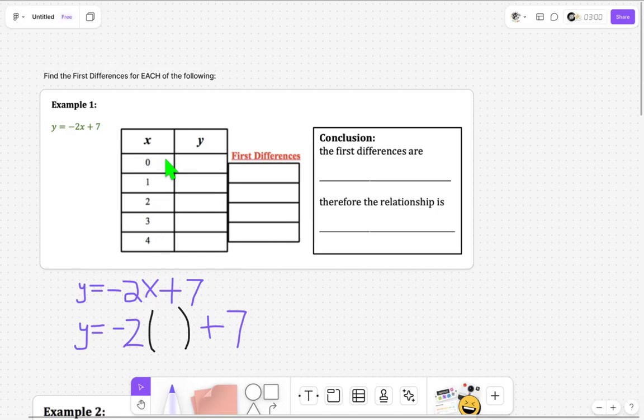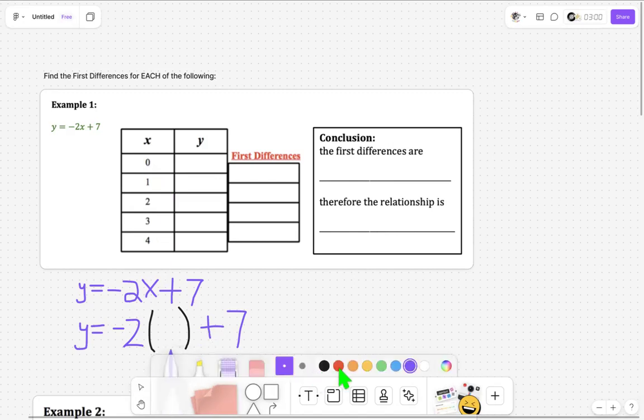For example, our x values today are going up by 1. We start at 0, then we go to 1, 2, 3, 4. We could also start at 0 and then go up by 2s or go up by 3s. As long as we're going up by or down by a consecutive number, then that is the correct way to make a table of values.